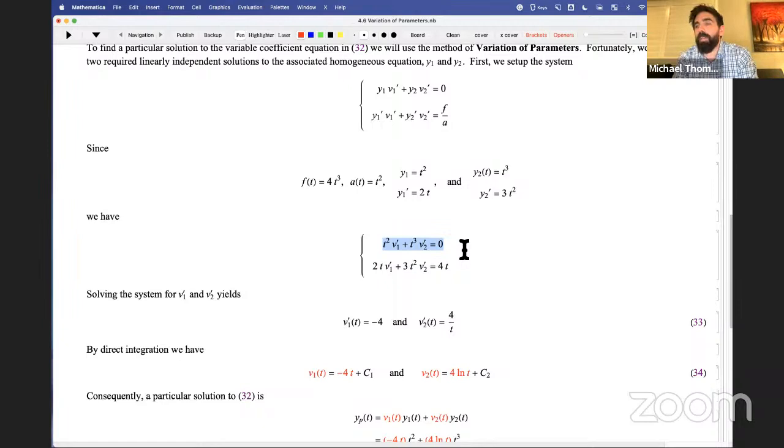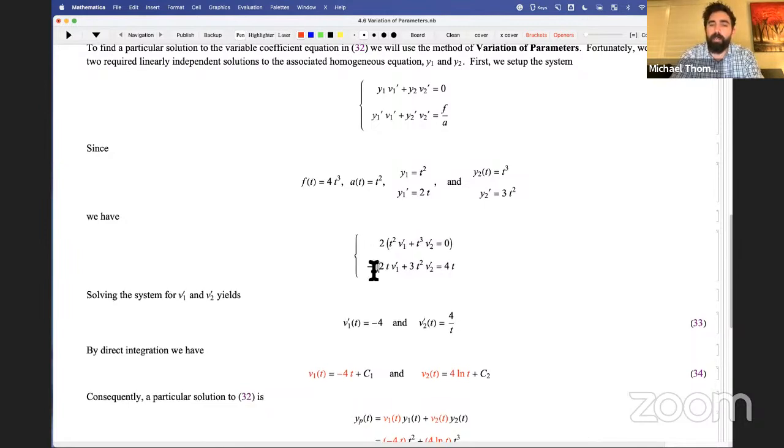Yeah, let's multiply the first equation by 2. That's shorthand for multiplying the first equation by 2. What should I multiply the second equation by? Yeah, Michaela says negative t.